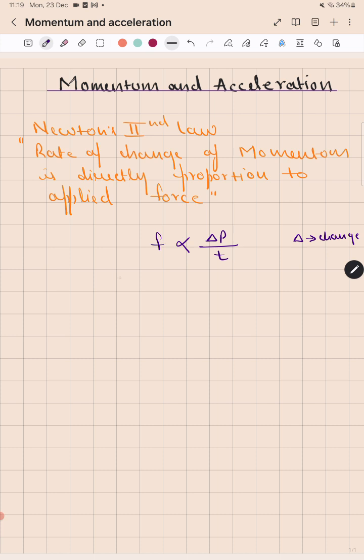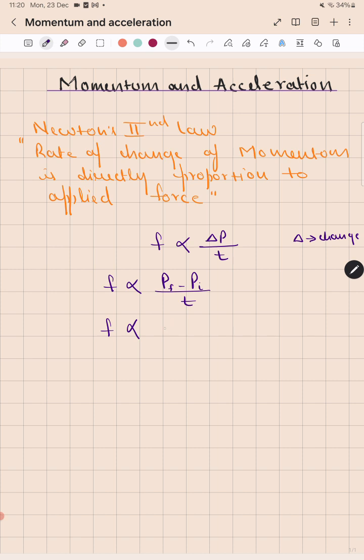Now let's open this equation. Change in momentum means final momentum minus initial momentum, like when we talk about the change in velocity, we say final velocity minus initial velocity. So I'm writing F proportional to final momentum minus initial momentum over time. Now let's write the final and initial momentum in the form of symbols.